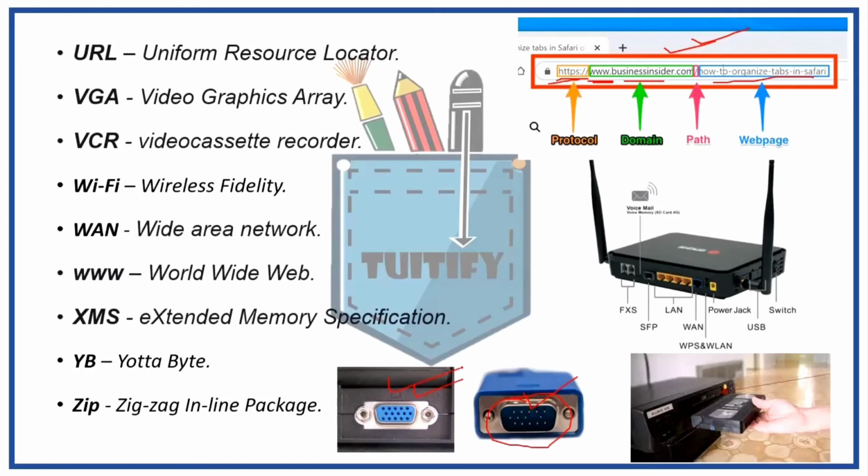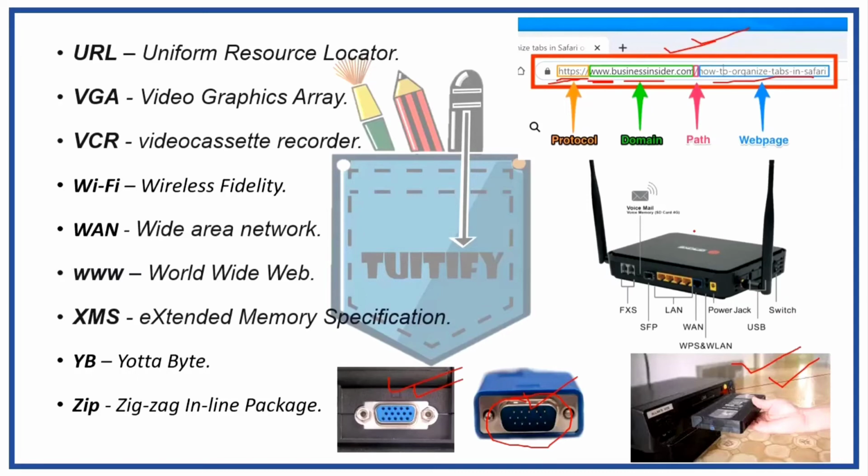Then next is VCR. VCR is video cassette recorder, which is an electromechanical device that records analog audio and analog video from broadcast television or other sources. Its uses have decreased nowadays. It is not used so much nowadays, and it is replaced by many other devices.